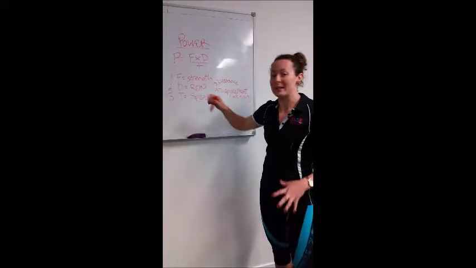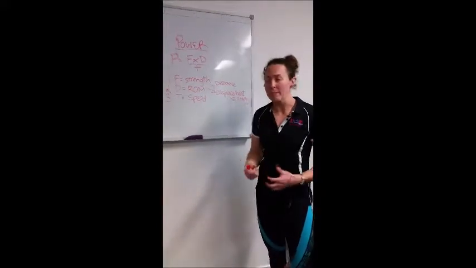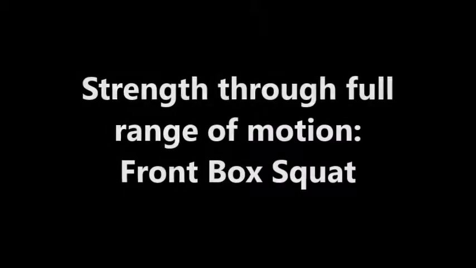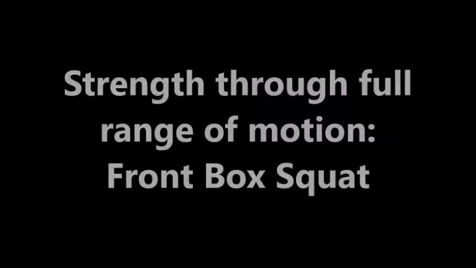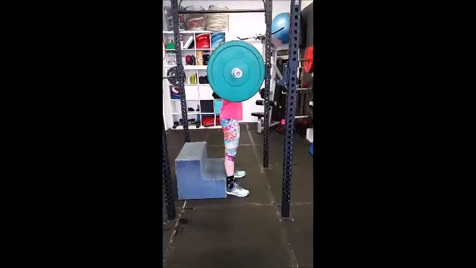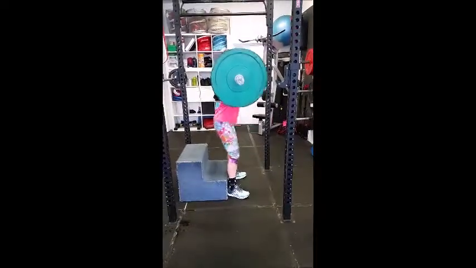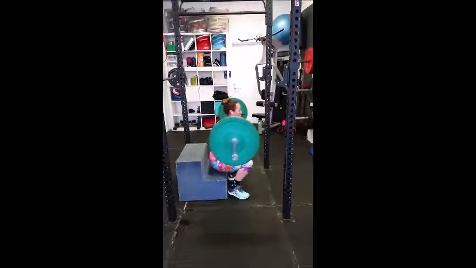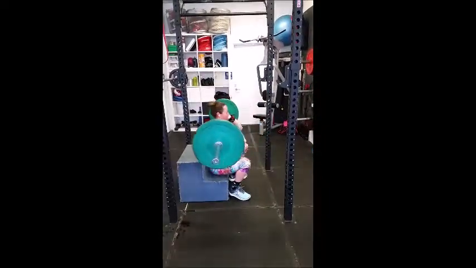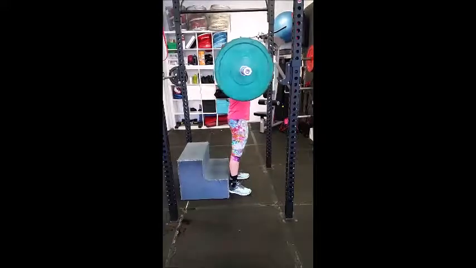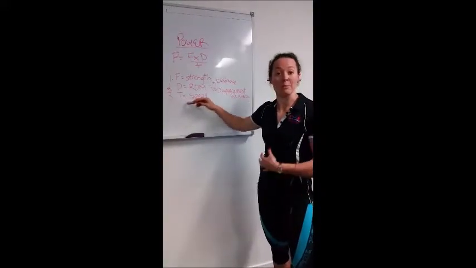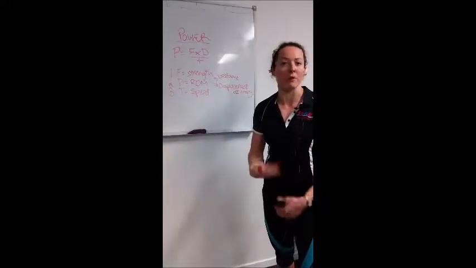So the way that we apply distance in strength and conditioning changes, but in this case, we're looking at range of motion. Okay, and then thirdly, time. So the speed of the movement, how quickly you move the bar in a clean.